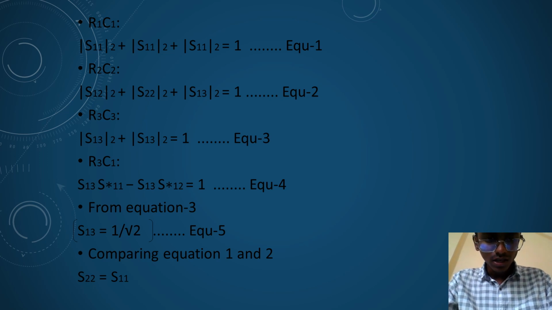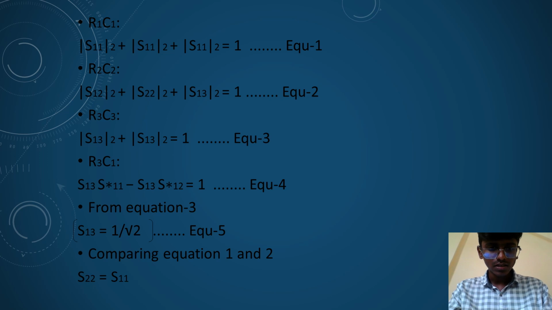From equation 3, we get S13 square plus S13 square, in the sense 2 S13 square is equal to 1. So S13 square is equal to 1 by 2, so S13 is equal to 1 by square root 2. Here we got the value of S13: S13 is equal to 1 by root 2.